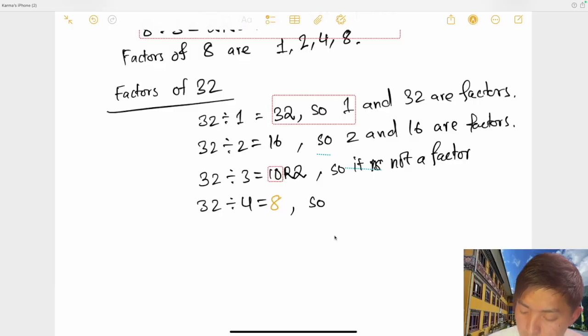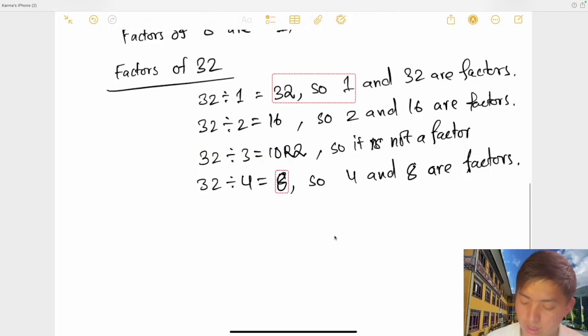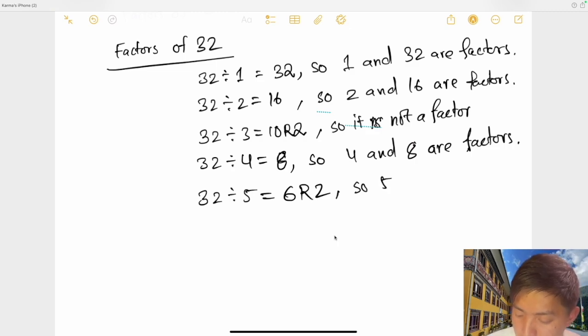So 4 and 8 are factors. And the next number after 4 is 5, and you'll find out that it's 6 remainder 2, so 5 is not a factor.